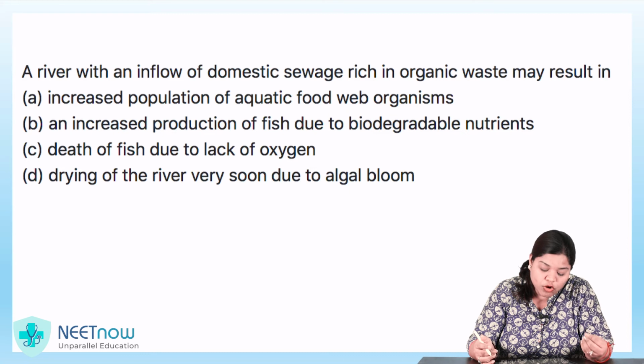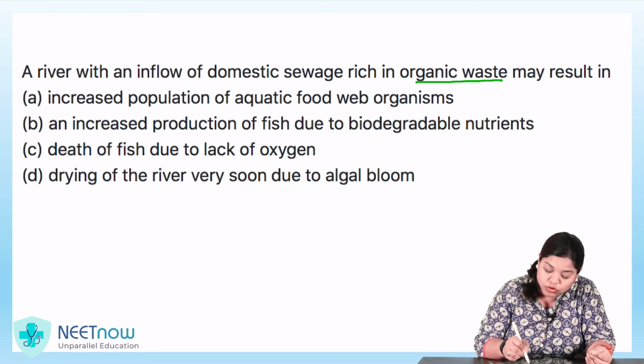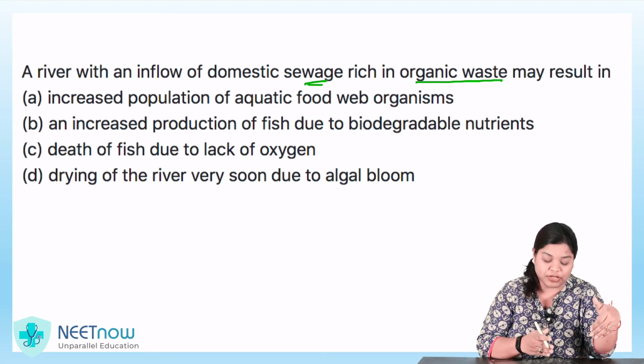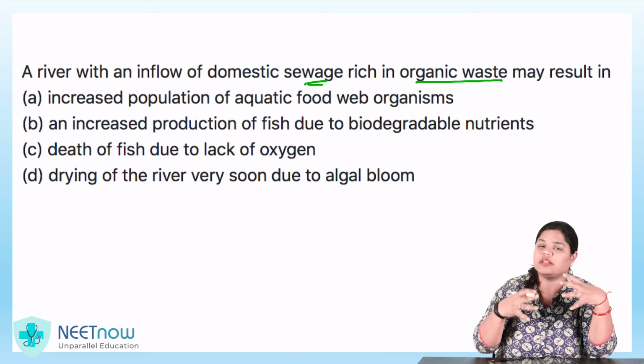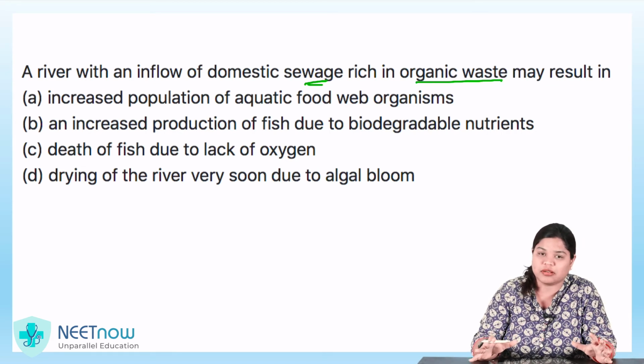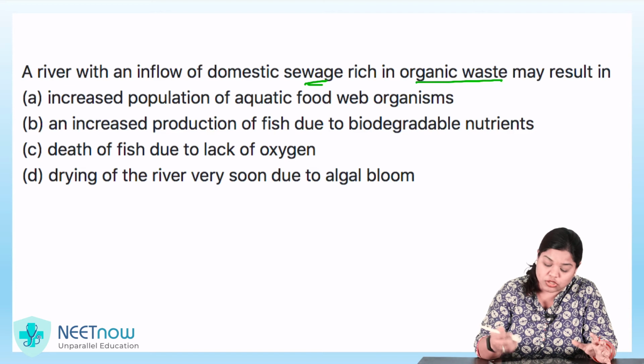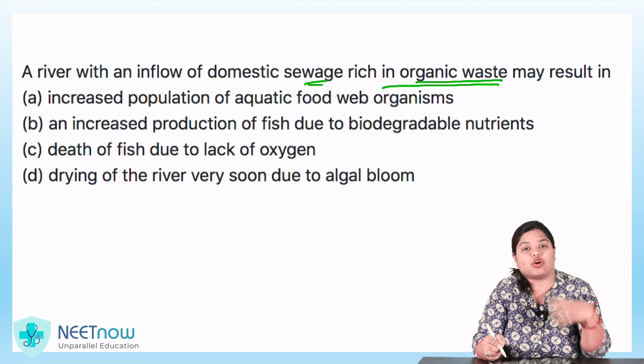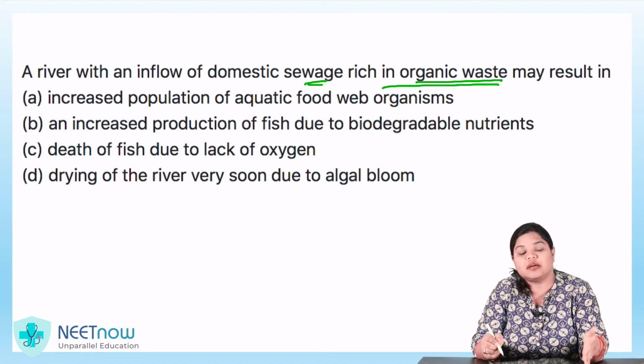A river with an inflow of domestic sewage rich in organic waste may result in increased population of aquatic food web organisms. A river has domestic sewage connected to it. There is going to be lots of organic matter and organic waste in it. So, what will be the result of this? An increased population of aquatic food web organisms? See, the moment you see rich in organic waste or organic matter, you have to understand that the dissolved oxygen will go on depleting.